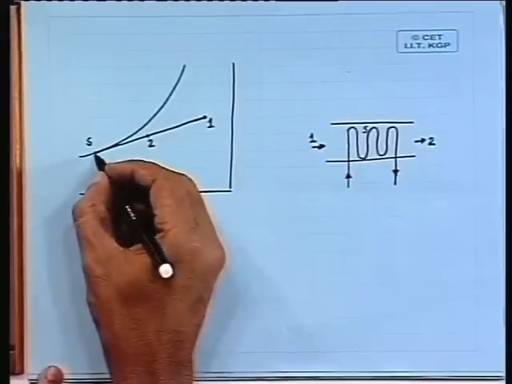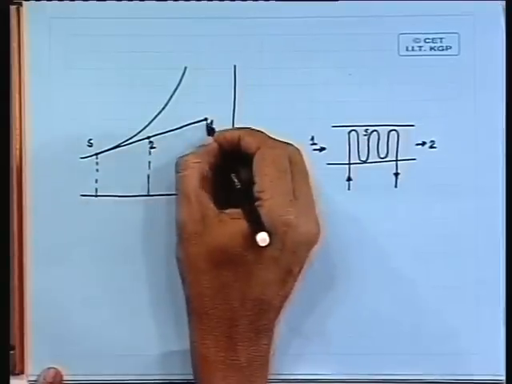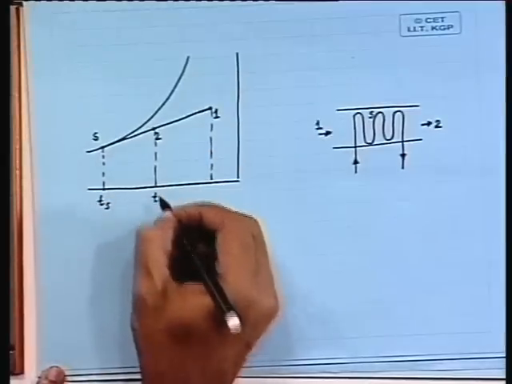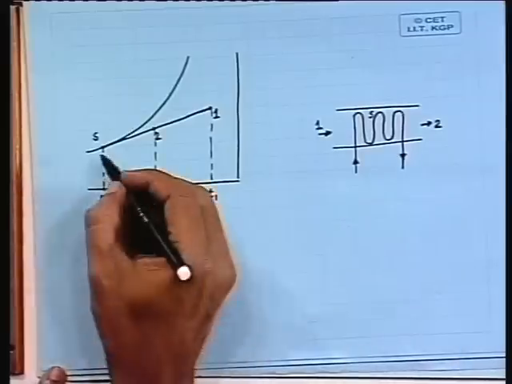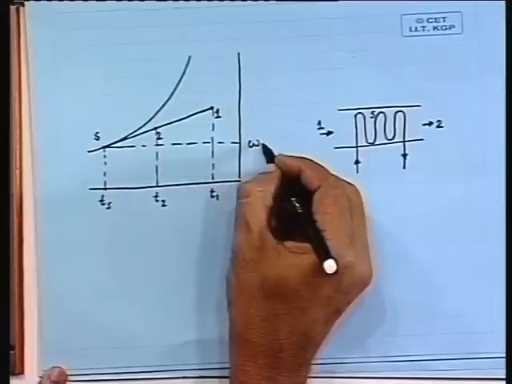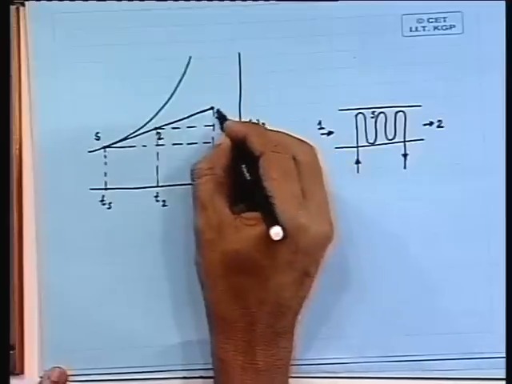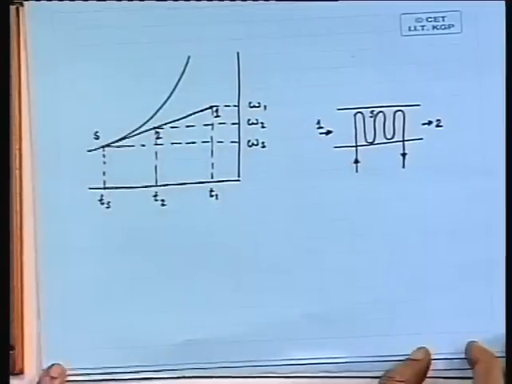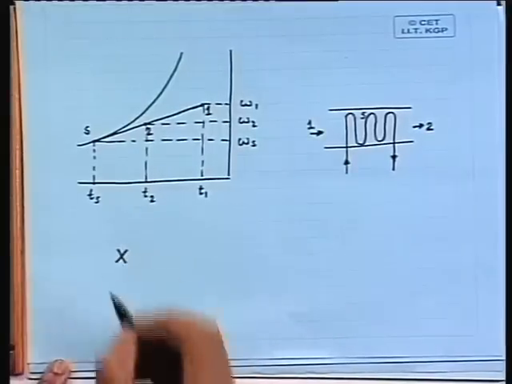So, one can have this is Ts, this is T2 and this is T1. Similarly, one can have Ws, W2 and W1.